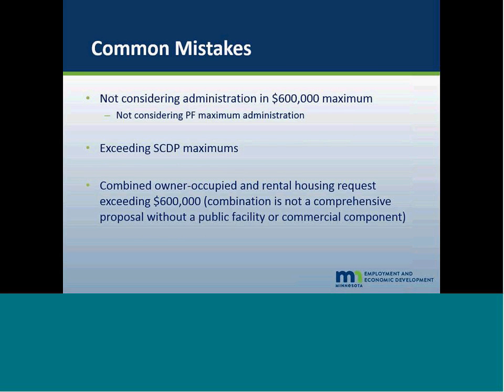Some common positions of proposals and applications are non-administration and that $600,000 maximum. Small cities maximums, and on Pine we talked about those earlier, such as $20,000 per house, on deferred loans.